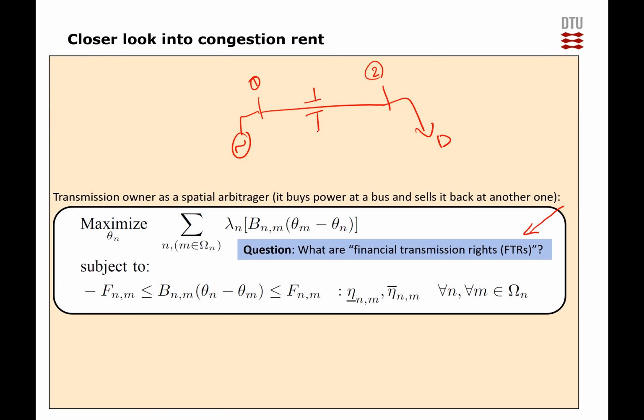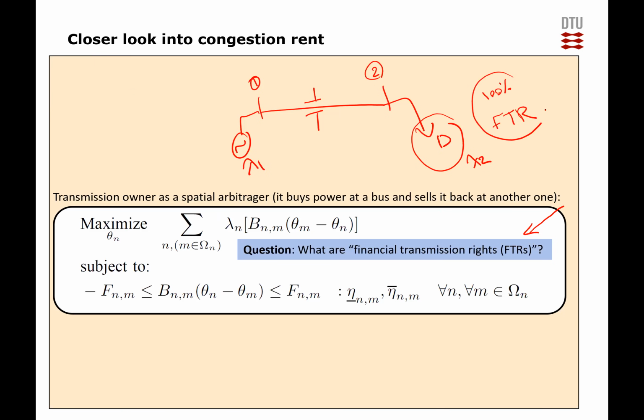So what happens? For example, here, our demand can buy the financial transmission right of this single line. Let's say that this demand bought 100% of the right of the line. So what happens? Though the generator sells the power at price lambda 1, D2 pays at price lambda 2, which is higher than lambda 1.